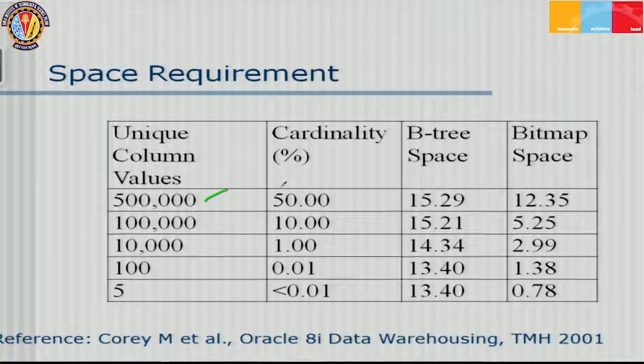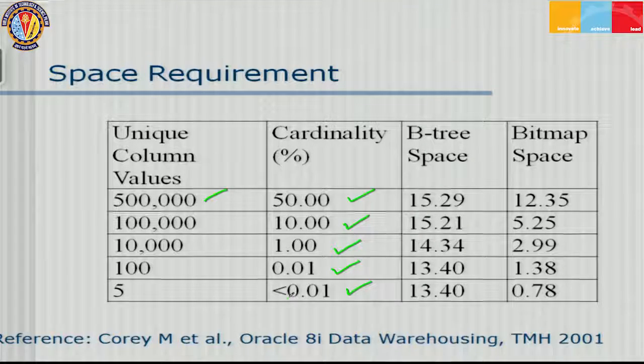And cardinality in percent means how many distinct values there are with respect to the total values in the table. So here cardinality is 50%. Here it is 10%, here it is 1%, here it is 0.01%, and here it is less than 0.01% of the total number of records.